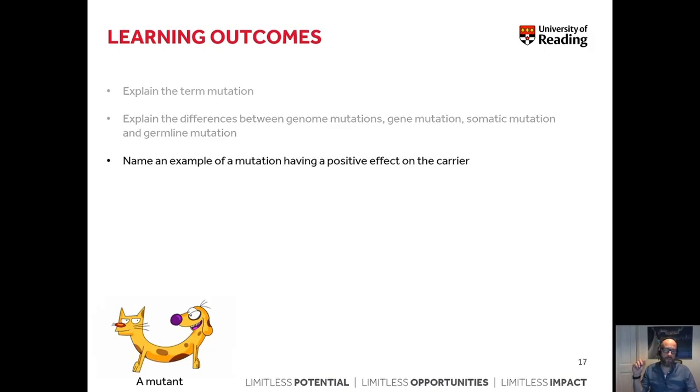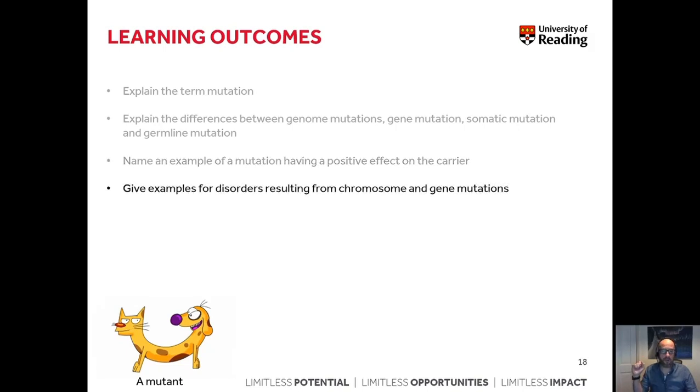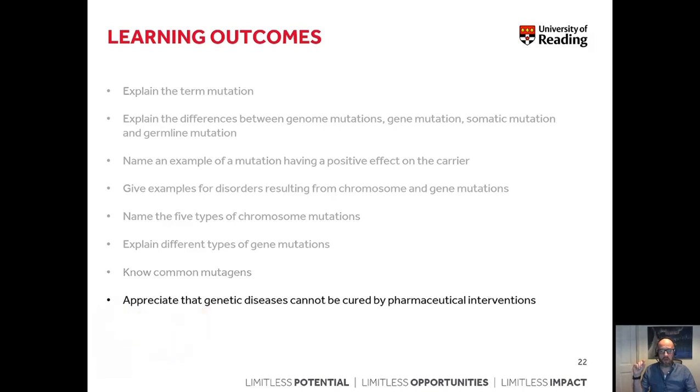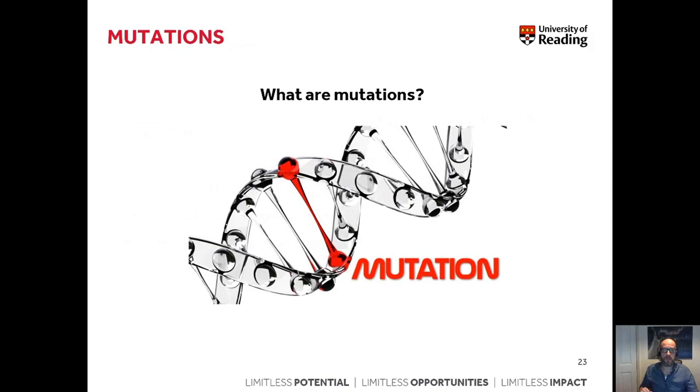You should also be able to name an example of a mutation having a positive effect on a carrier and give examples for disorders resulting from chromosome and gene mutation. You should also know the 5 types of chromosome mutations and explain different types of gene mutations. You should know common mutagens and also appreciate that genetic diseases cannot be cured by conventional pharmaceutical interventions.